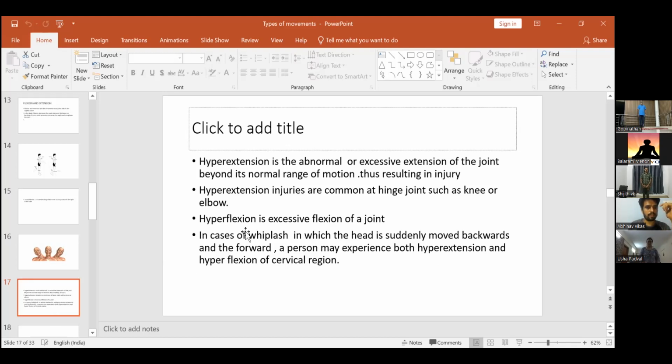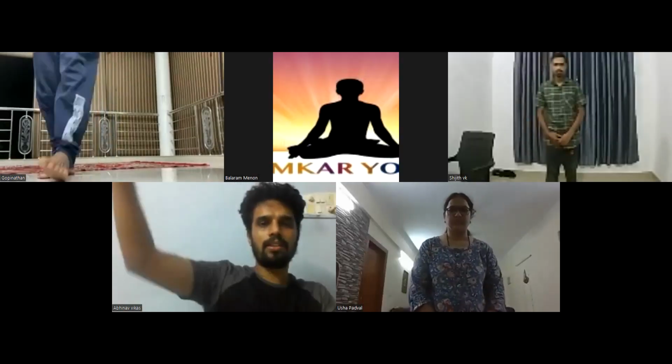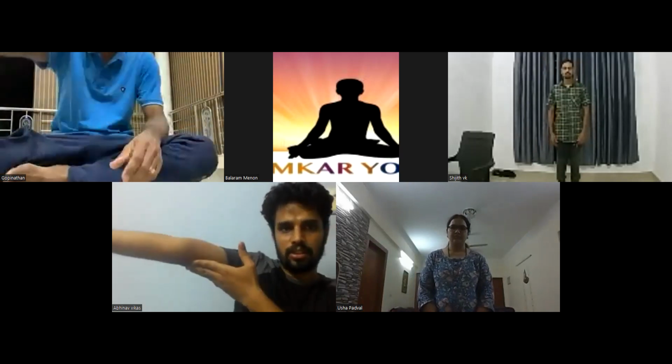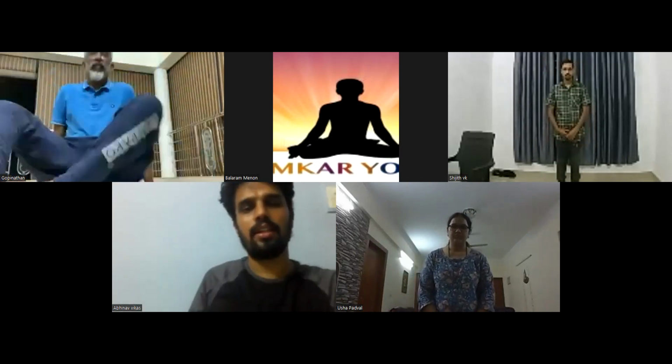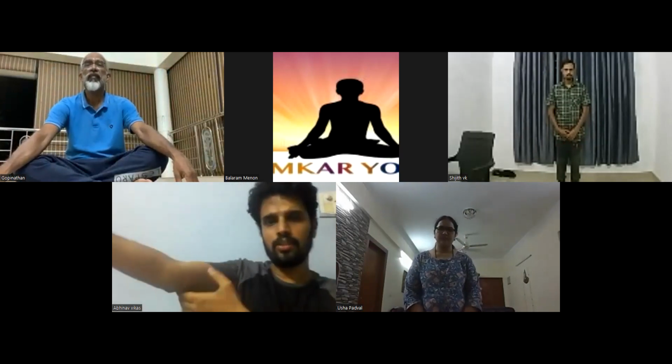If you see the figure, first we'll see what hyperextension is. If you think this is the normal range, some people have more extension. This will come below this. This is hyperextension. They have more flexibility in the joint.